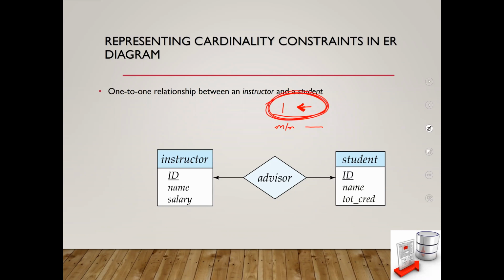Now look, instructor and student. If it is a 1:1 relationship, I will be having arrows on both sides, which means an instructor can teach only one student, and that one student can be taught only by that teacher. Let's say I have a teacher called Anne, and I am teaching a student called Alfie.